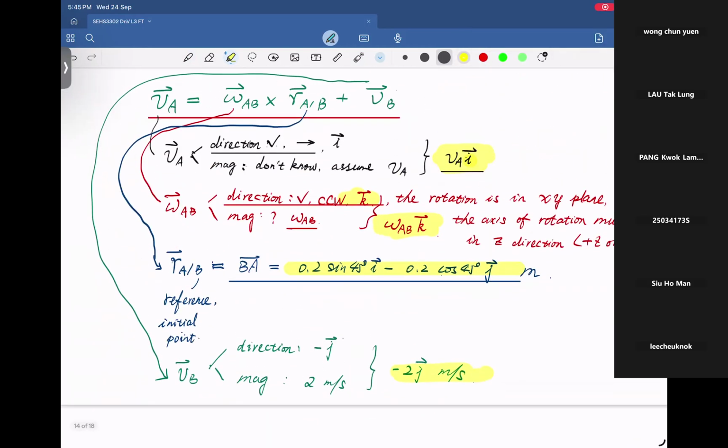We got VA I. We do not know the magnitude of VA, but we know the direction.